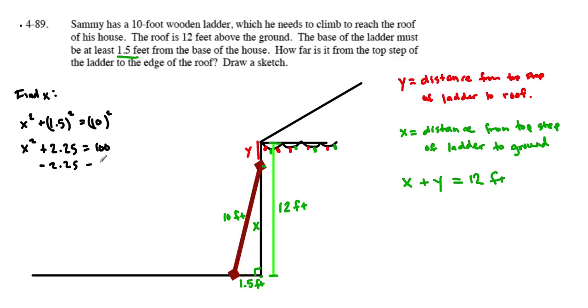We'll solve this using square roots. So we're down to x squared should equal 100 minus 2 is 98, minus a quarter more would be 97.75.